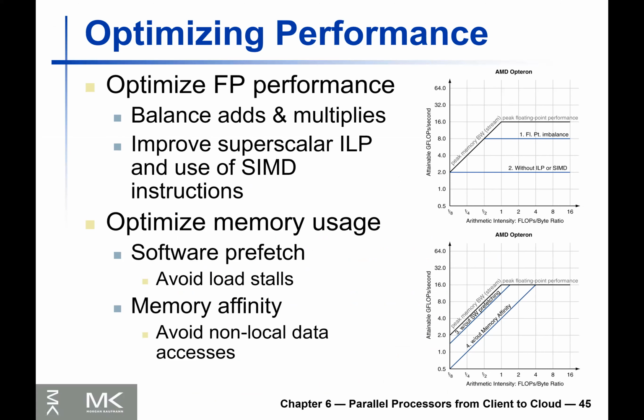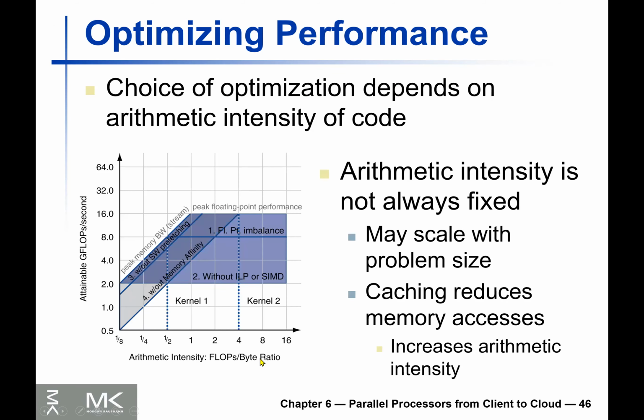But I want you to remember the stalls and misses from the previous chapters, if we have an interruption in the code. Memory affinity, avoid non-local data access. The choice of optimization depends on arithmetic intensity of code. Arithmetic intensity is not always fixed, it may scale with the problem size.